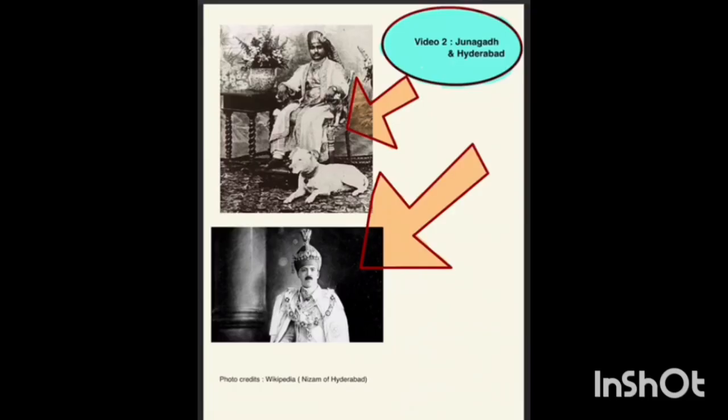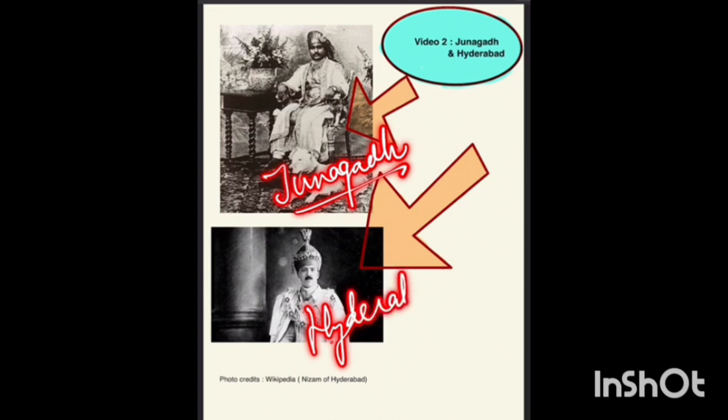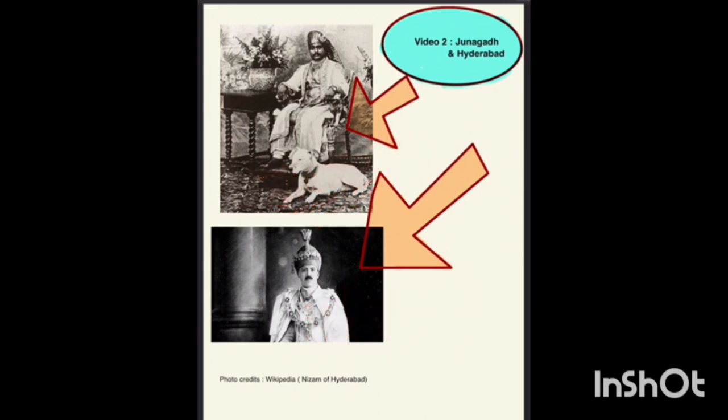So friends, after this brief introduction, we have completed part 1 of our 3 video series regarding the integration of 3 important princely states into the Union of India. In video 2, we will see how the princely states of Junagadh and Hyderabad were integrated into the Union of India, and the challenges and dynamics that evolved over a period of time.